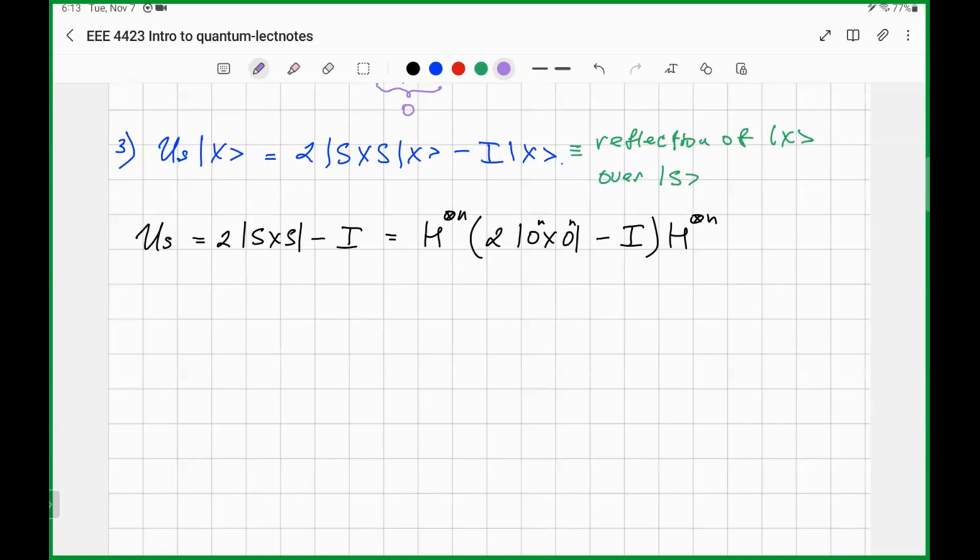But at the same time, in terms of gates, it will allow us to represent this operation in terms of quantum gates, right?